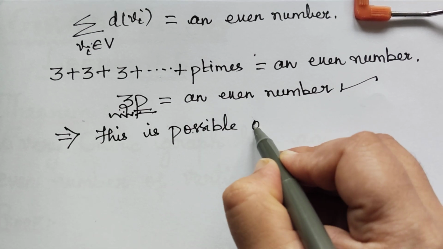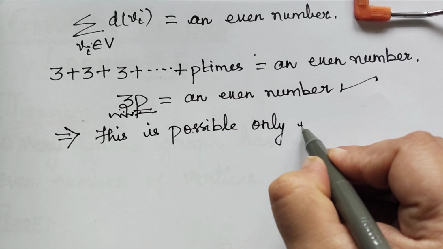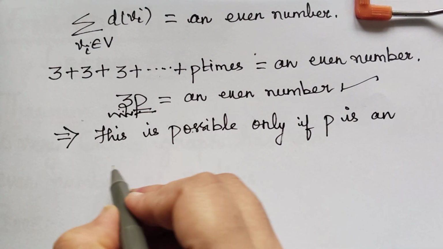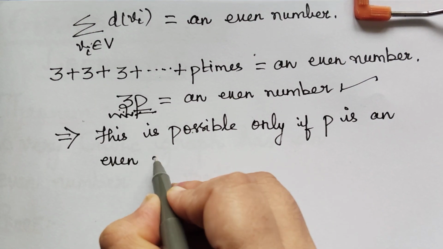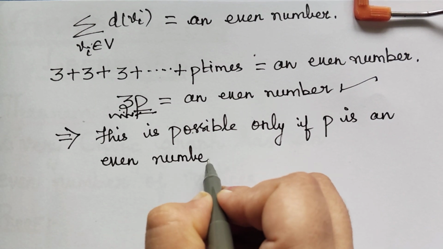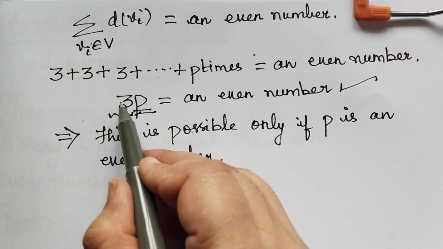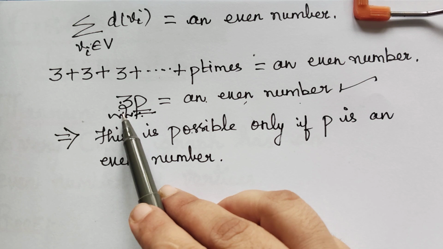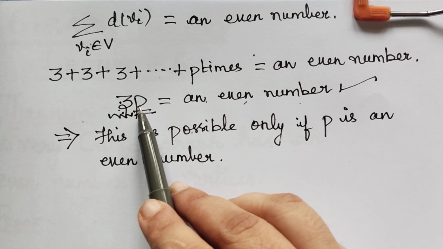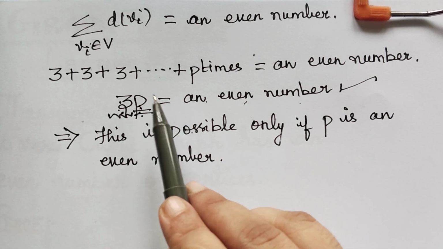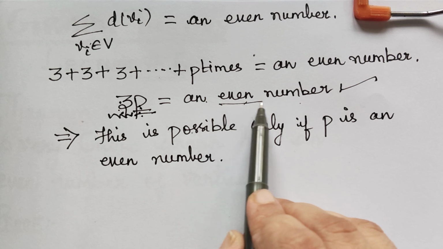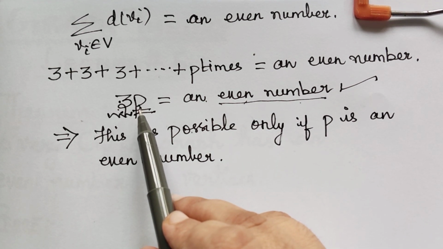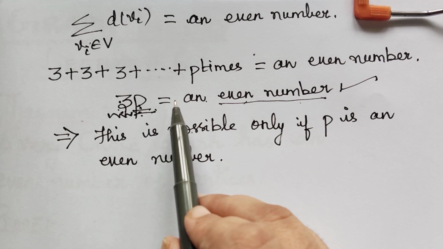It is possible only if p is an even number. If p is an odd number, for example, if this is 3, you will get the answer to be 9, which is an odd number, but we don't want that. We want an even number. So obviously, if for example p is equal to 2, then it will be 6, which is an even number.